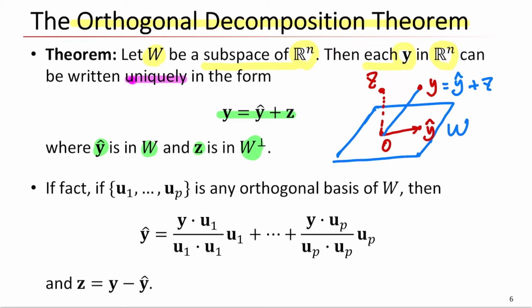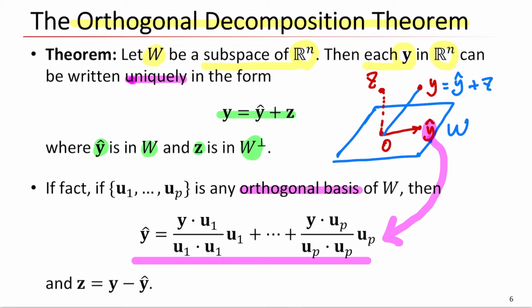In fact, if u1 through up is any orthogonal basis of W, then y hat is going to be (y inner product u1 over u1 inner product u1) times u1, plus and so on, plus (y inner product up over up inner product up) times up.